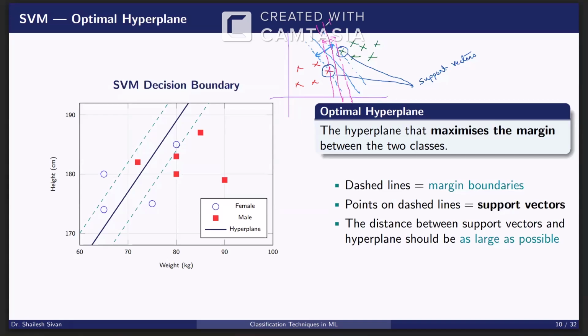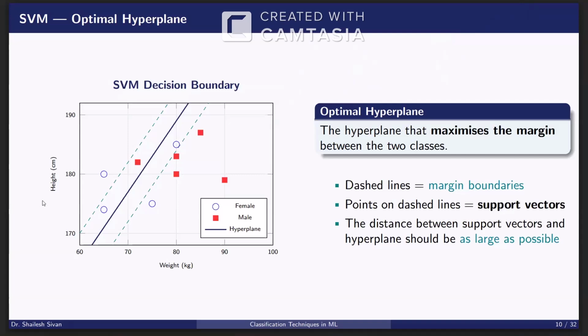Some hyperplane W transpose X is there, which gives this the optimal hyperplane. Okay, it's the optimal hyperplane which has maximum margin, and that hyperplane is actually calculated in the support vector machine algorithm.